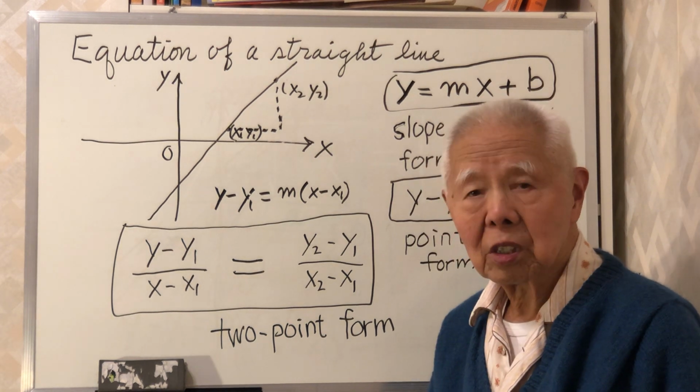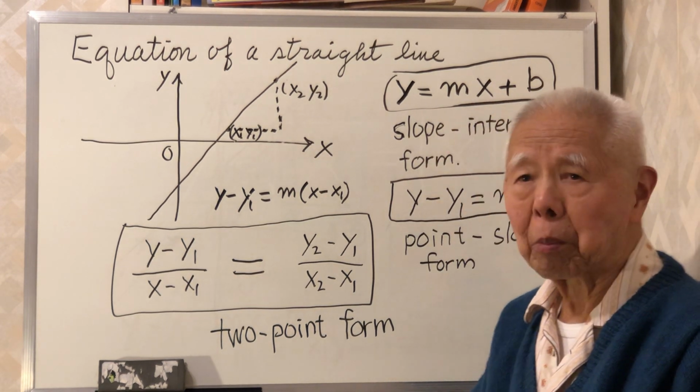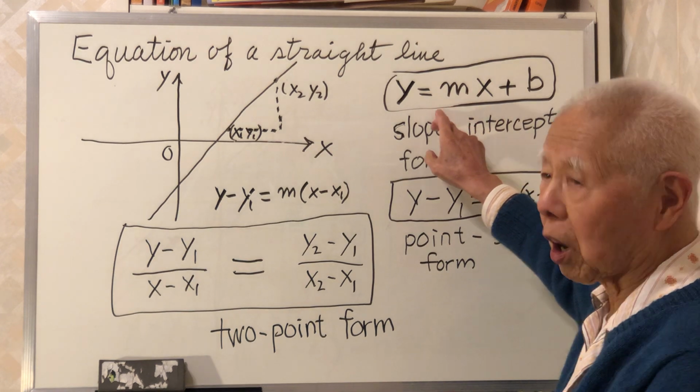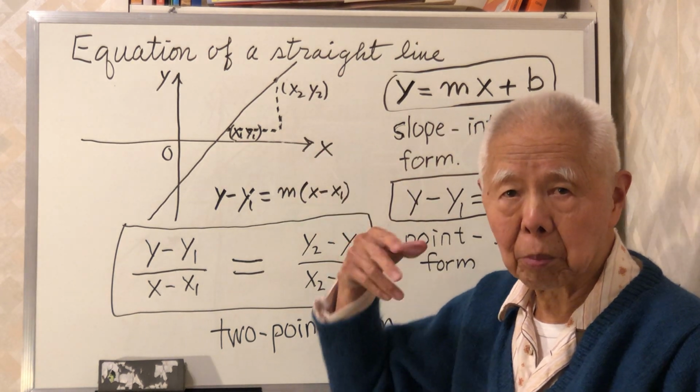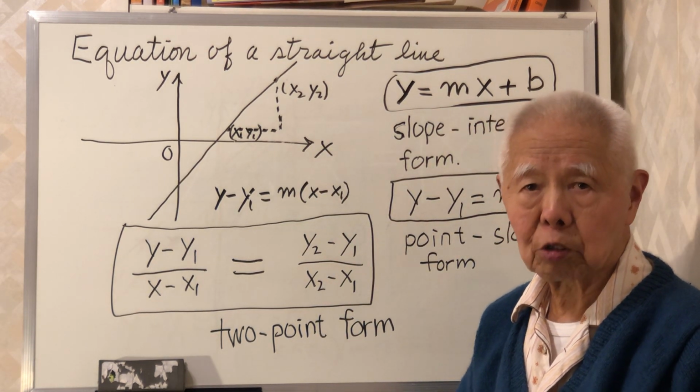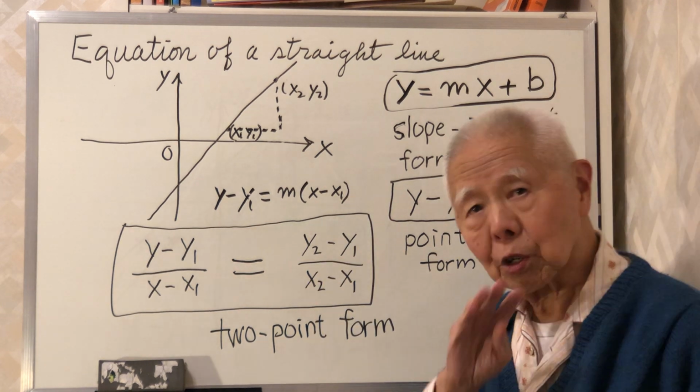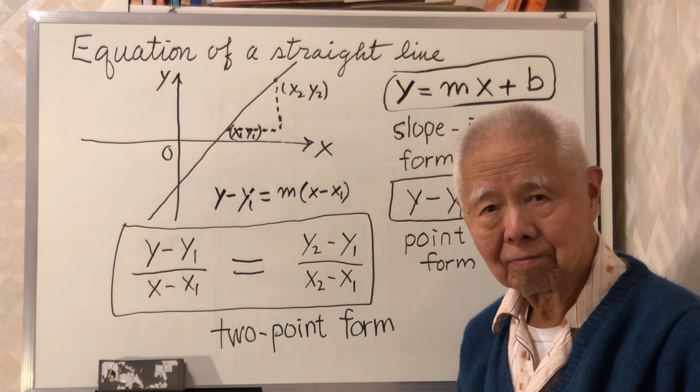So do not stick to one form only. I know this form is the most popular one, but do not stick to only one form. You have 3 forms to choose from.